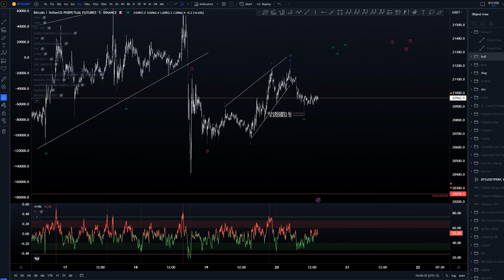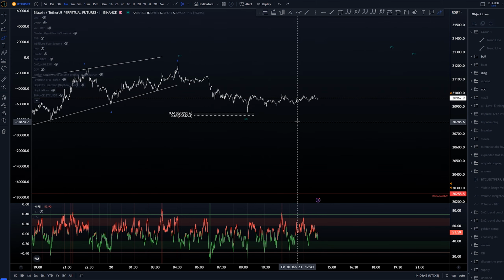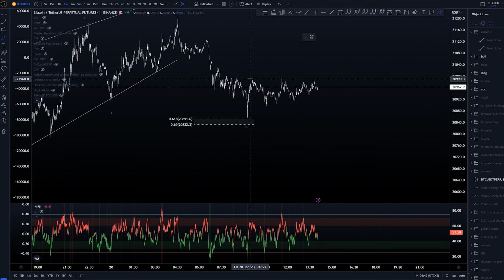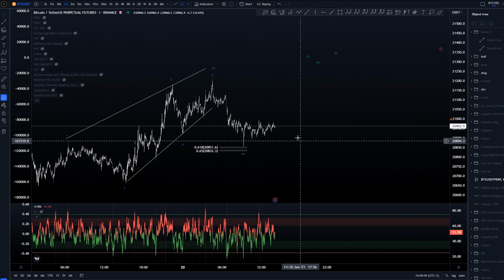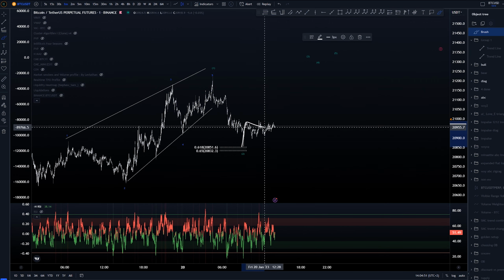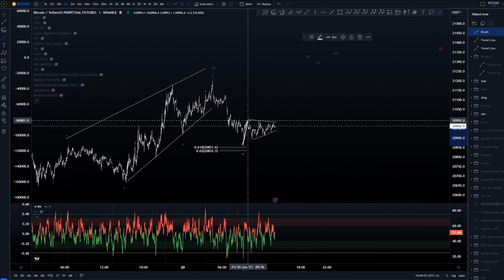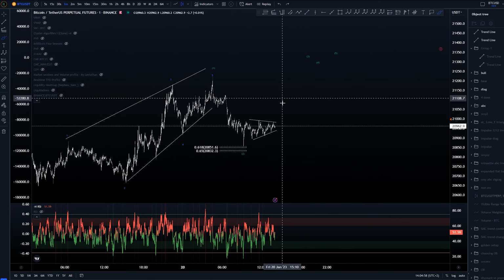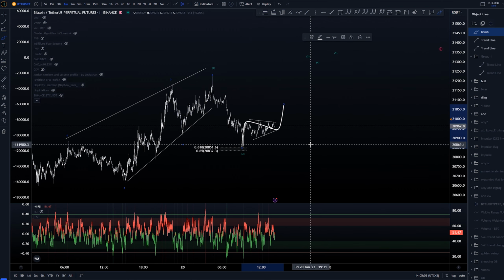But yeah, the bullish idea is that we had a wave 2 here, and we did have some kind of bullish momentum here as well. We did take out some of this smaller consolidation, but the next structure has been very sideways. So instead of this being a wave 1, 2, even if we had some kind of triangle here, it would speak more towards the idea that this is going to be an ABC instead.